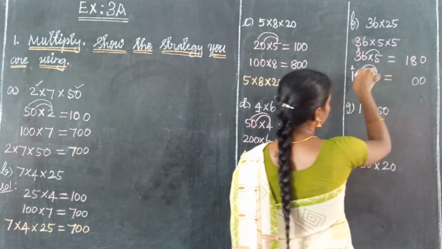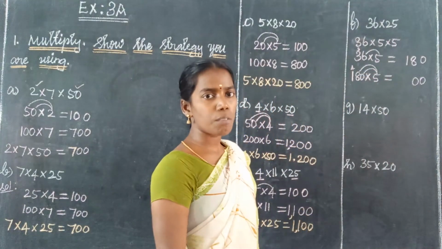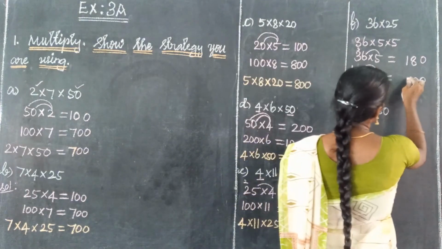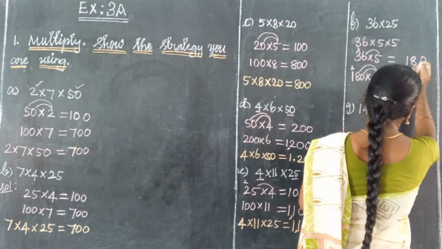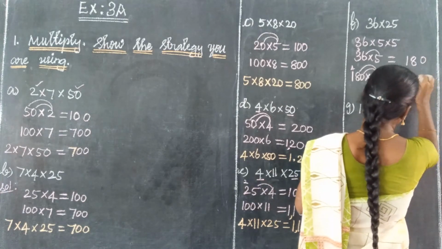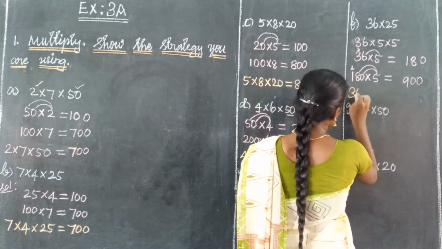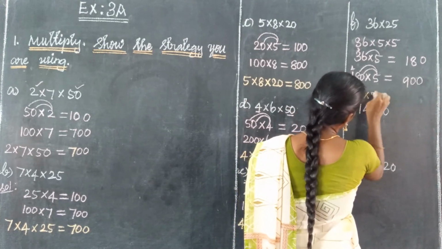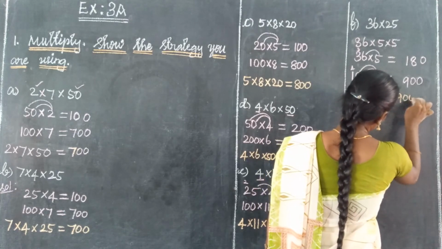Then 5 1s are 5 plus 4 is 9. Answer is 900. So 36 into 25 is equal to 900.